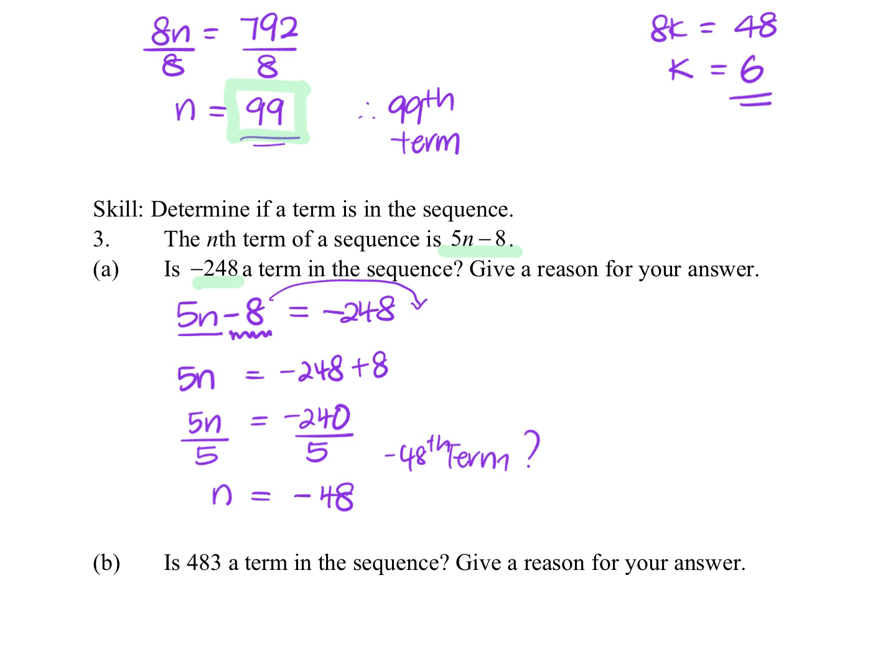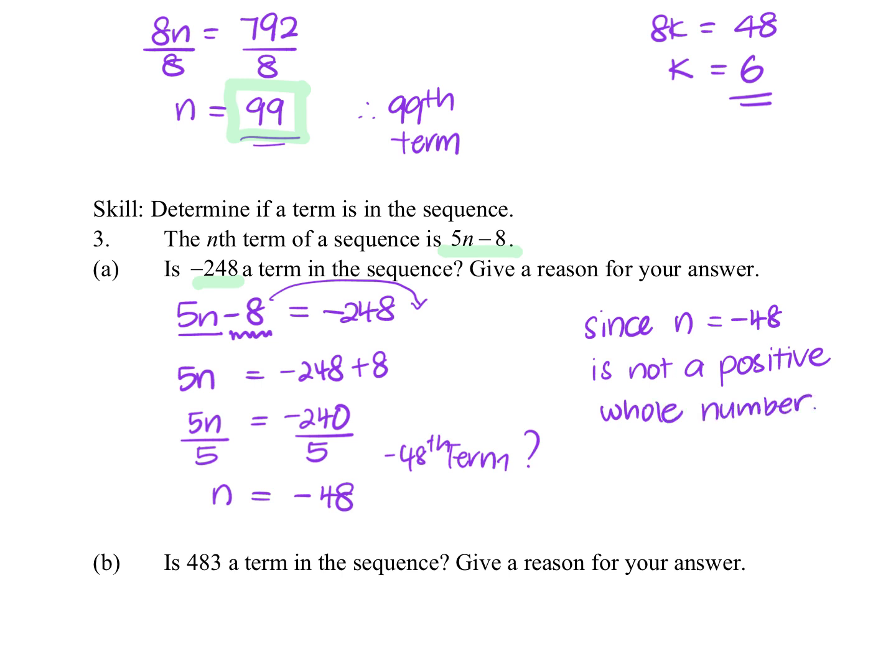Hence, what I'm going to say, since n equals negative 48 is not a positive whole number or integer, therefore it is not in the sequence.